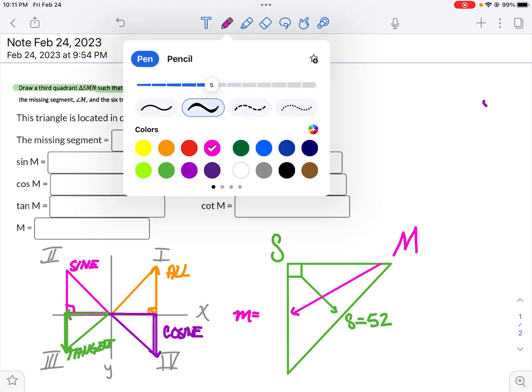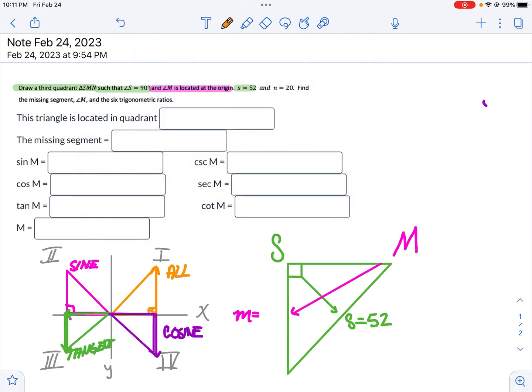That means that the other angle has to be N, and across from N is segment N, and according to the information, segment N is 20 units in length.